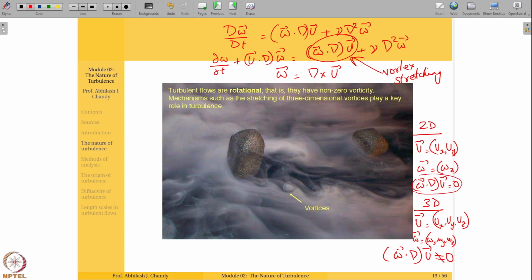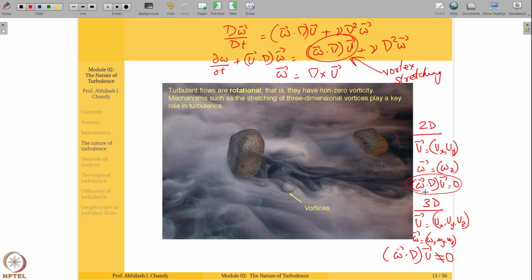So you can derive this on your own. We will in fact go through the derivations in the next few modules. But the vortex stretching term is 0 in 2D flows, which means, if it is 0 in two-dimensional flows, what is actually creating the turbulence? What is creating the breakup of the vortices in 2D flows?